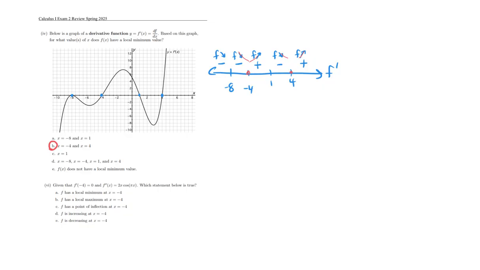So if f prime of -4 is 0, that means f has a critical point at x equals -4, and f double prime of -4 should be 2 times -4 cosine of pi times -4. So this is going to give us -8, which means the function is concave down. f is concave down, so we have a local max.